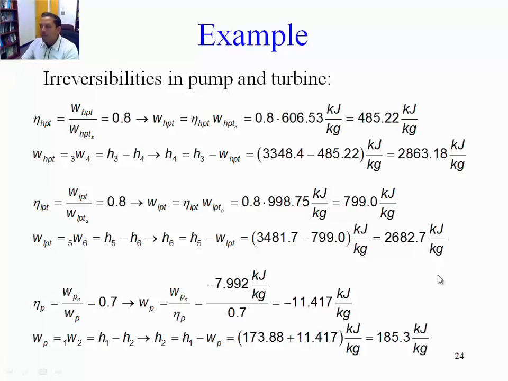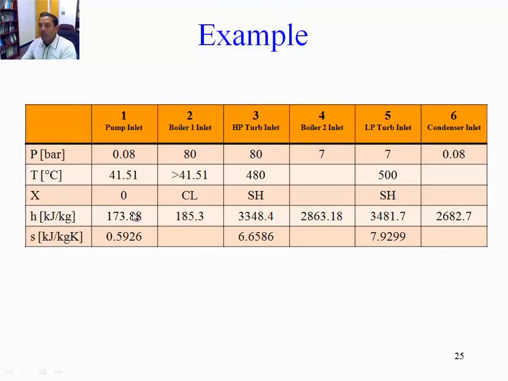So now we have all the new values at 4, at 6, and at 2. And then we load the table with the new values. Notice that the entropy is not copied from point 1 to point 2, from point 2 to 3 to point 4, from point 5 to point 6, because these processes are no longer isentropic. Now we have the new values, so we can calculate net work, and we can calculate Qn. Qn, remember, is the first boiler from 2 to 3, the second boiler from 4 to 5.